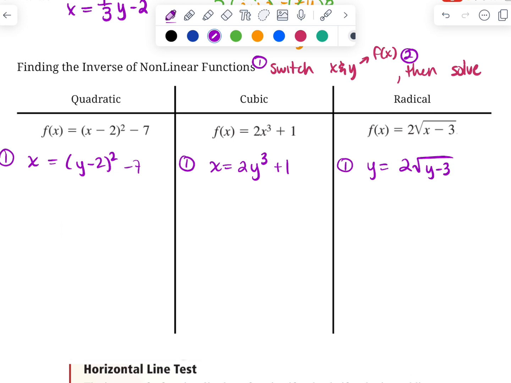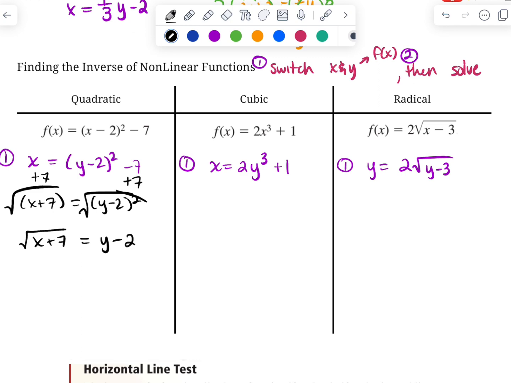All right, welcome back, folks. So now I'm going to run through the process of finding the inverse. So in this quadratic scenario, I would add 7. So I'd have x plus 7 equals y minus 2 squared. Then I would have to take the square root to eliminate the squared. So I now have the square root of x plus 7, so I don't need those parentheses anymore.